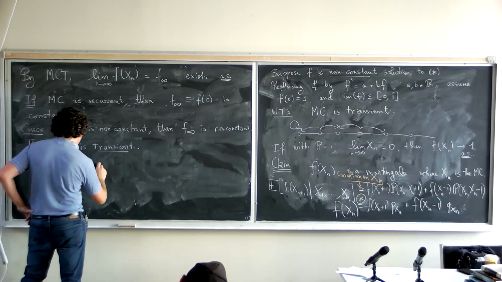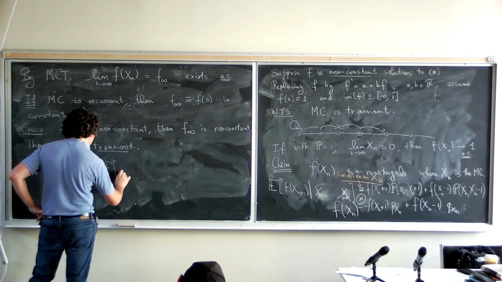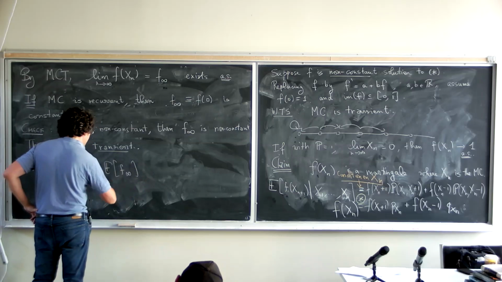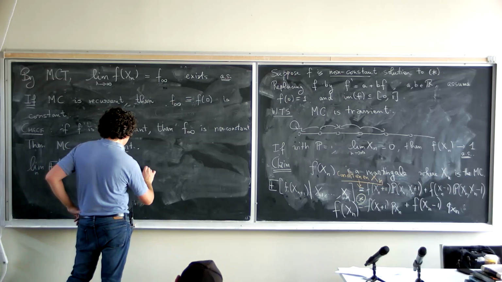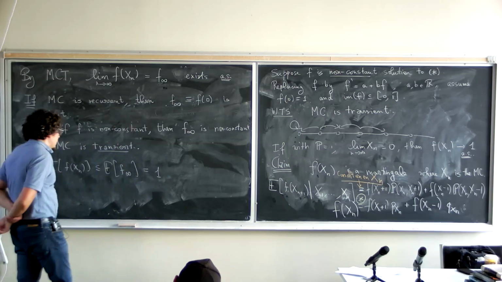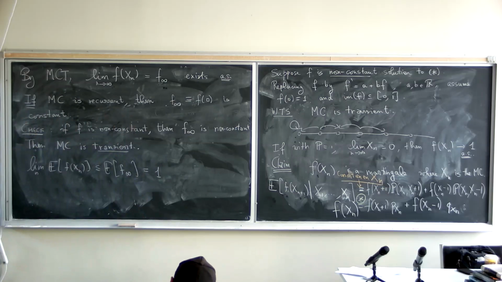The expectation of f infinity is equal to 1 on the ball, and the average is 0, 1.